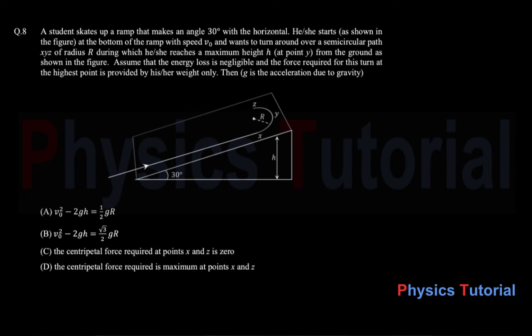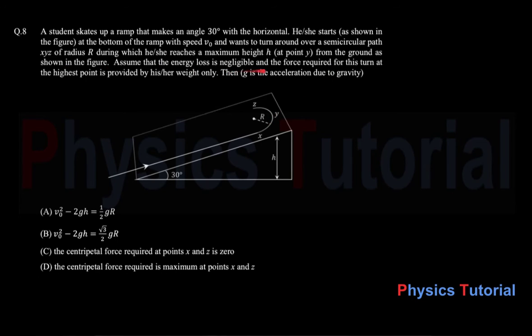In question number 8, a student takes up a ramp that makes an angle 30° with the horizontal. She starts as shown in the figure. At the bottom of the ramp, the speed is v0 and she wants to turn around over a semicircular path xyz of radius capital R. She reaches a maximum height h, small h, at point y from the ground as shown in the figure.